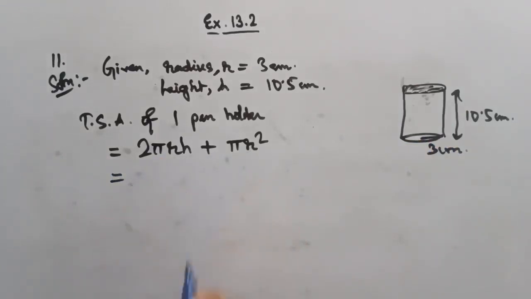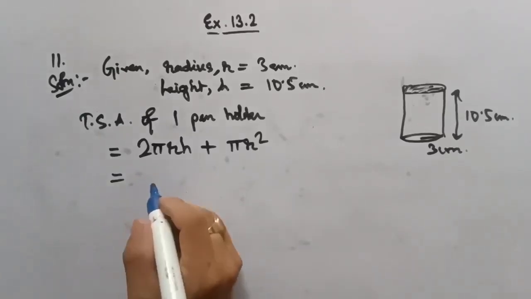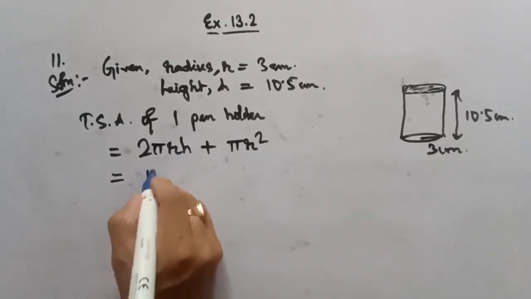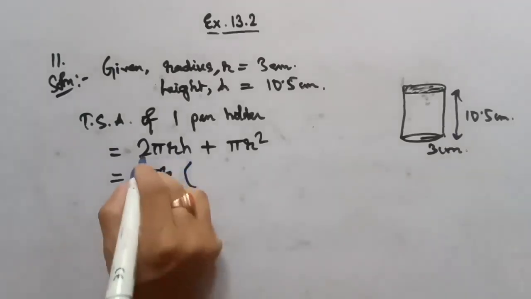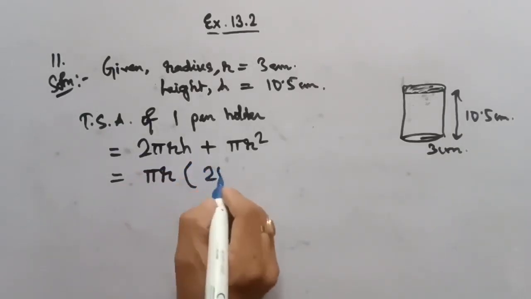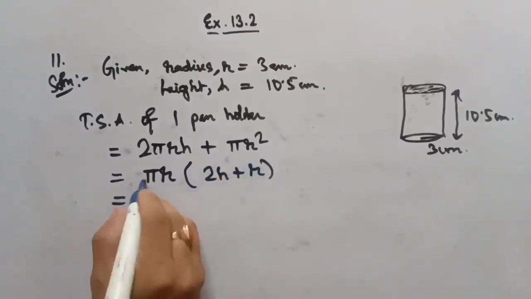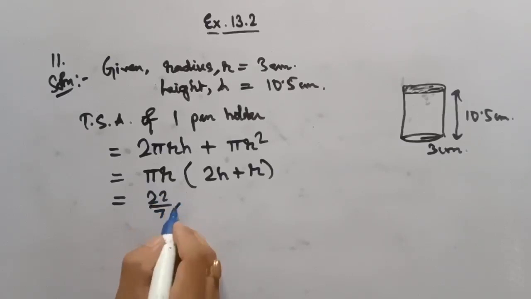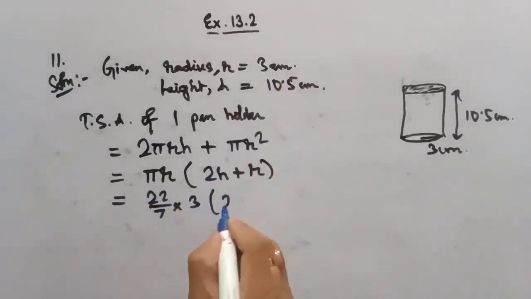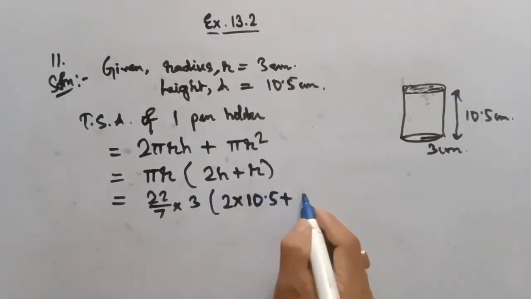Let us find this value. First, let us take the common part, pi r. Then within the bracket, we will get 2h plus r. Let us put in all these values. Pi will be 22 by 7 and r is 3. And within the bracket, 2 into height, which is 10.5, plus r, which is 3.